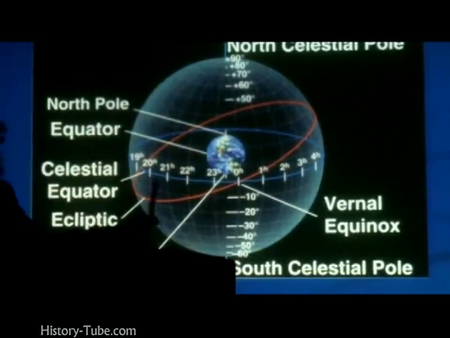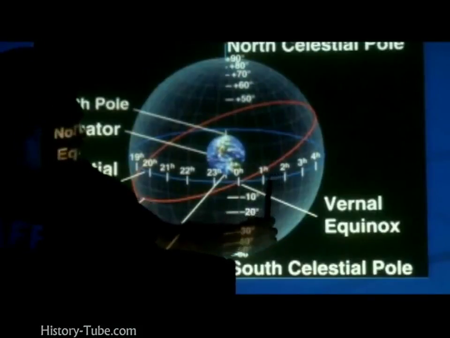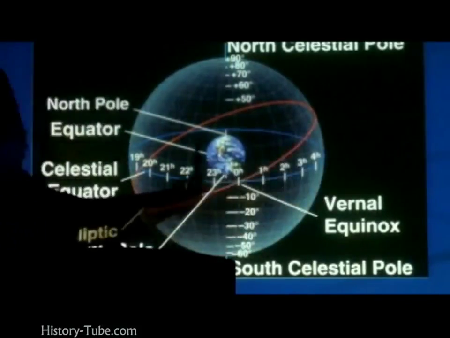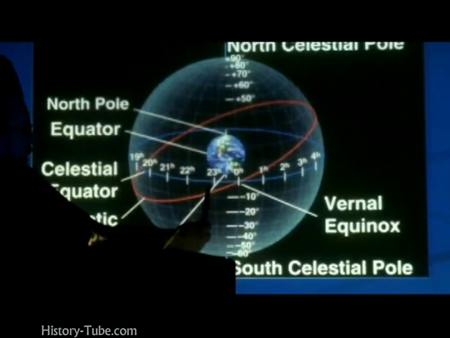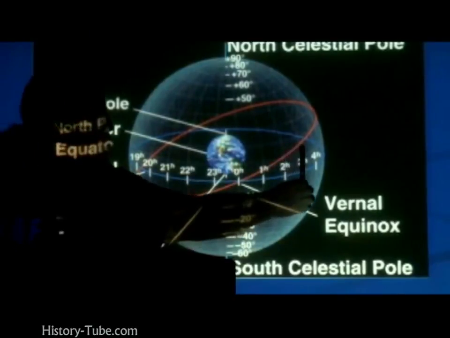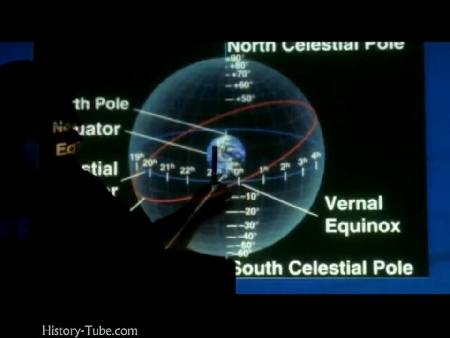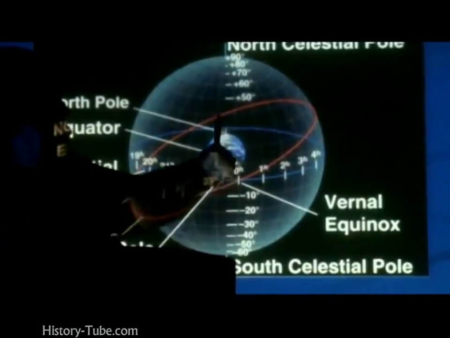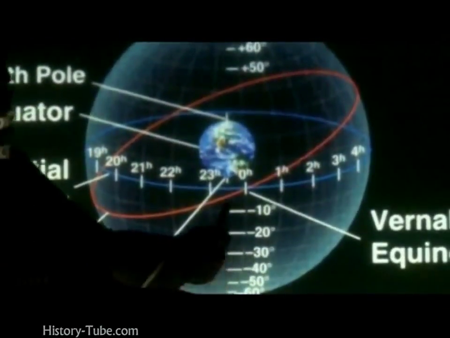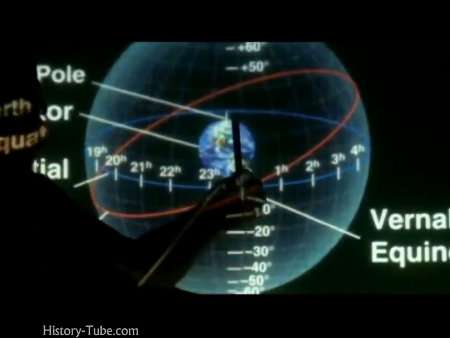Now if we look at our right ascension time, you notice how we have 1 hour, 2 hour, 3 hour, 4 hour, wraps all the way around, comes around 23 hours, and then it resets at 0 hours. So notice that these lines are analogous to our longitude lines. It's almost like longitude that just extends straight out into space. This also shows you the vernal equinox, right at 0 hours.